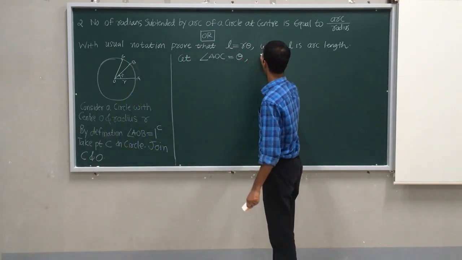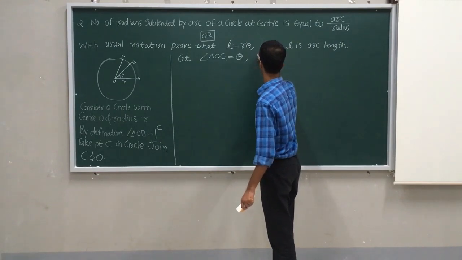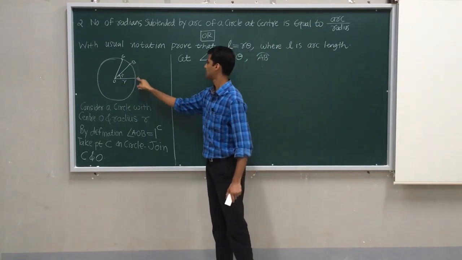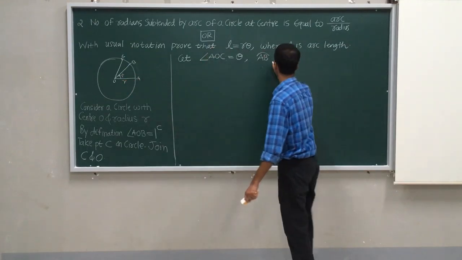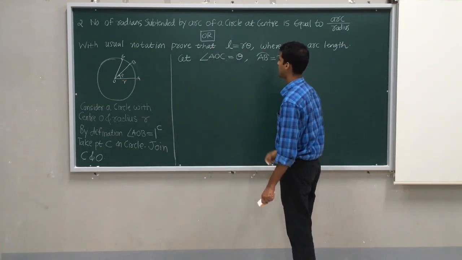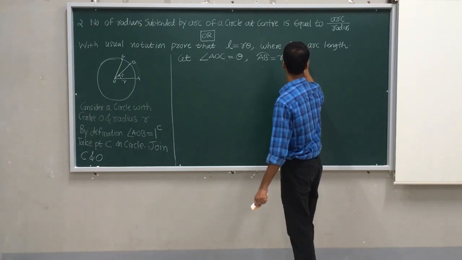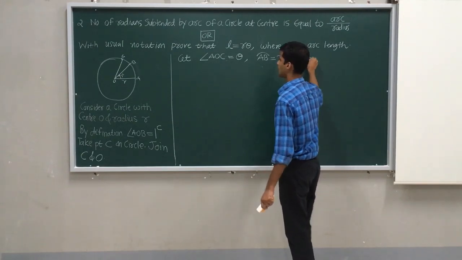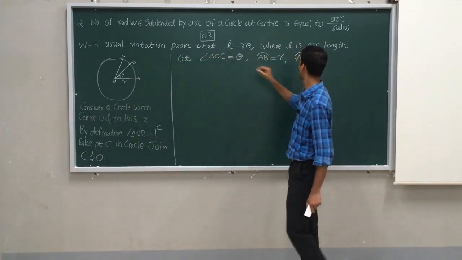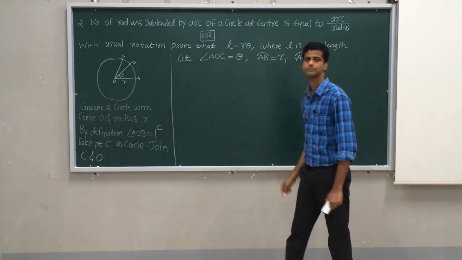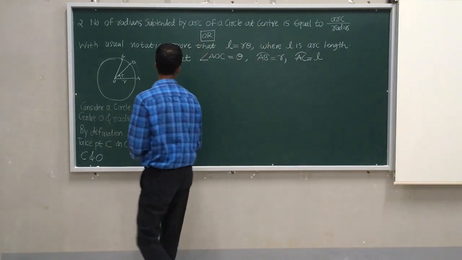What is arc AB? What is the arc length of AB? Arc AB length is the same as r, then only it is 1 radian. Therefore arc AB is r. What is arc AC or arc ABC? Arc ABC is what they have given as L. It is L. Understood?